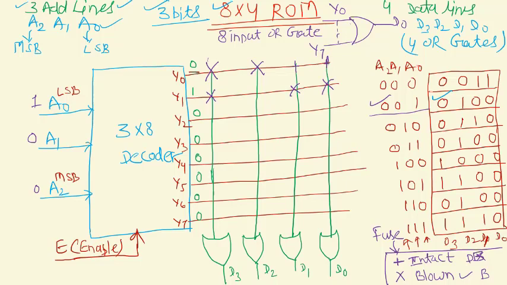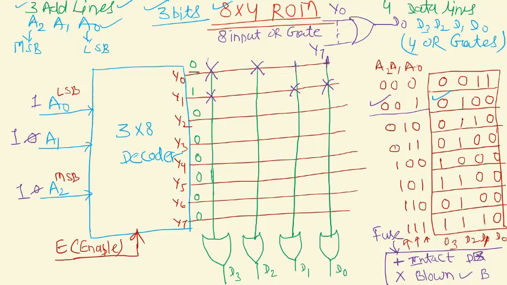Okay, and suppose A2, A1 and A0 are 1 1 1. Then this memory location will be selected, and at this memory location D0 will be 0 and D1, D2 and D3 will be 1.